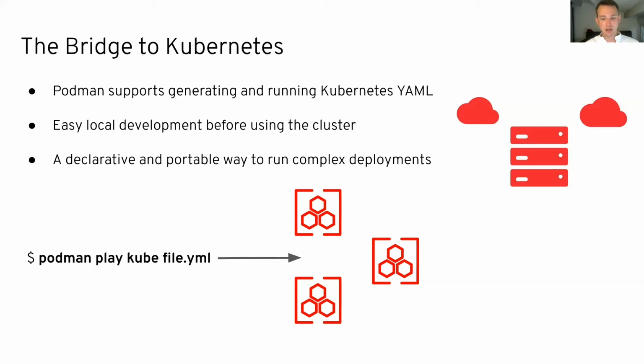So Podman allows for running a Kubernetes YAML file that you would traditionally feed to kubectl, and spin up a bunch of containers and pods and run the workload. So this is pretty cool.